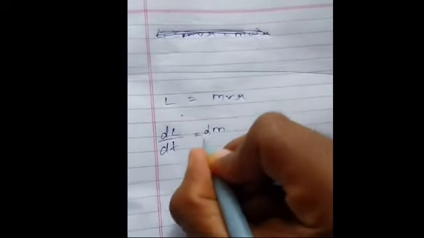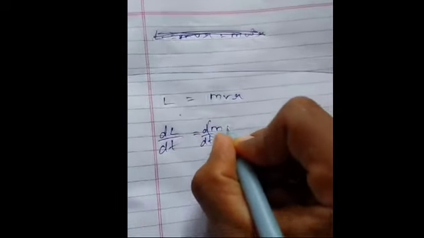We know that angular momentum L can be given as mvr. As our objective is to calculate the magnitude of change in angular momentum with respect to time, which is nothing but dL by dt, we can differentiate this equation, L equal to mvr, with respect to t, which becomes dL by dt is equal to d by dt of mvr.